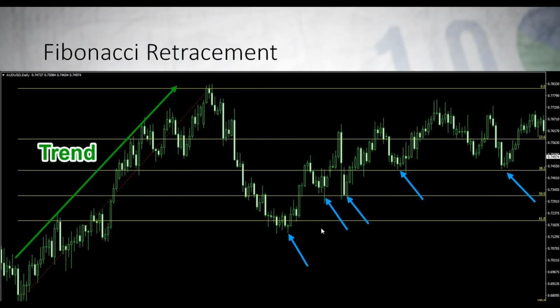Notice that the price conforms a lot to each of these levels. The bottom level is the 61.8 level, then comes the 50% Fibonacci level, then 38.2%, and then we have 23.6, which is not taken very seriously by the price action.